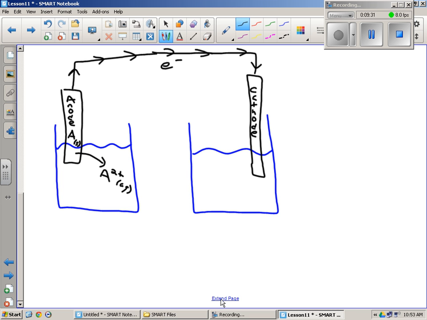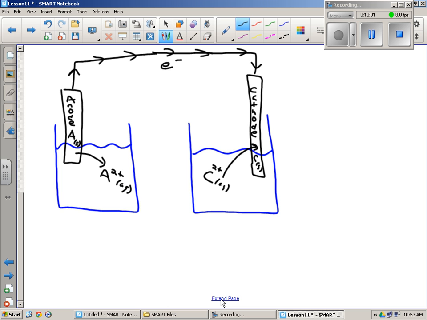In this case, it is the one that's most likely to lose electrons. Those electrons are going over here. This cathode is the most likely one to gain those electrons. So over here, this is the cathode solid, and let's say I have C2 plus aqueous. That's going to add itself onto there to make C solid.